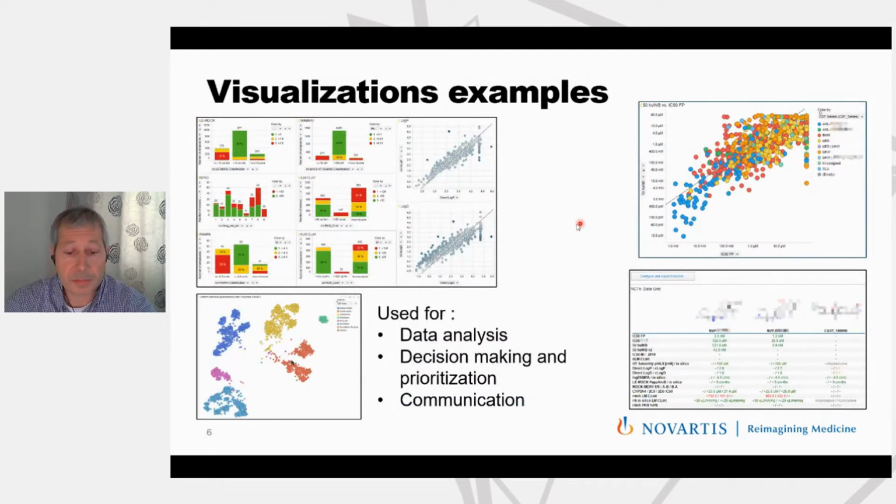Here are some examples of visualization, like here a graphical evaluation of model performance by properties assay. Here is a correlation of primary assay data with another property with a color coding according to the information of series and scaffold substructure. Here is a chemical space map obtained with the UMAP algorithm.